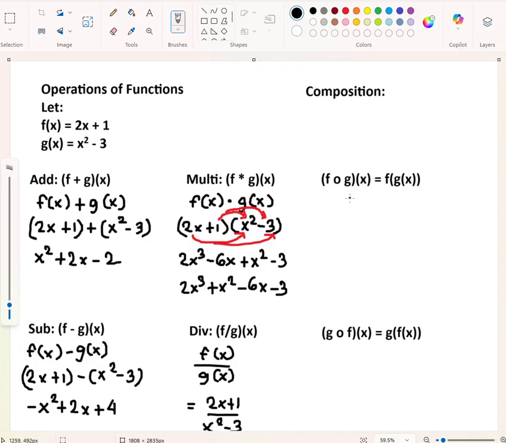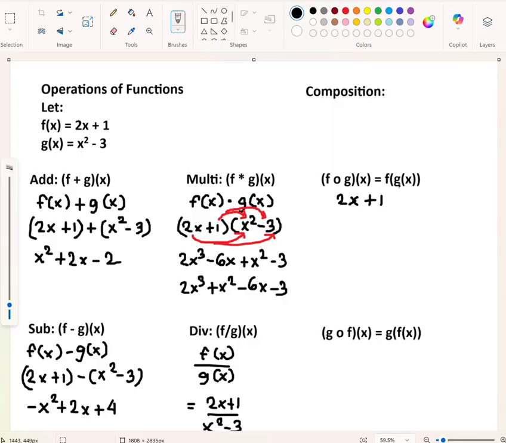Next is the composition. We have f composition g of x equals f of g of x. First, let's list the function of f of x. The function of f of x is 2x plus 1.